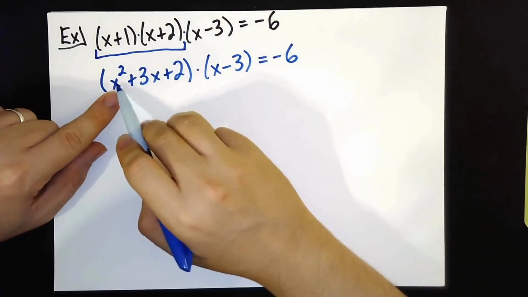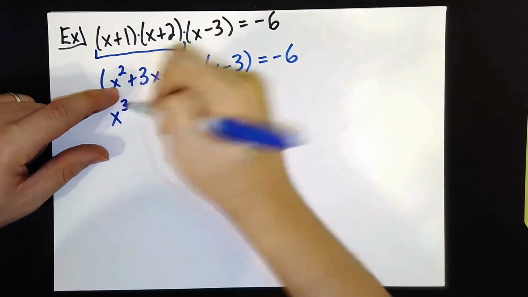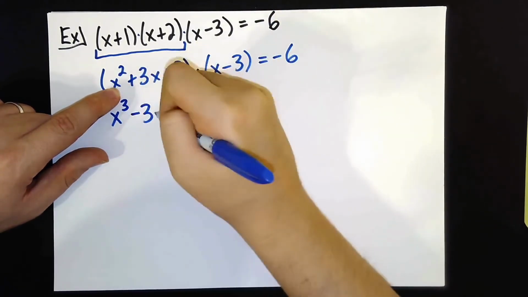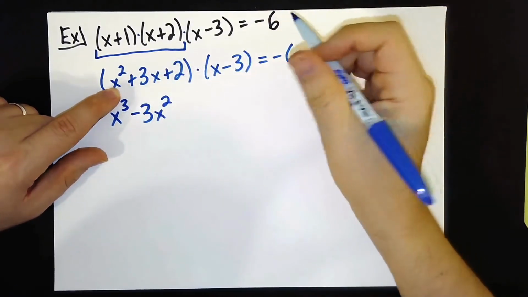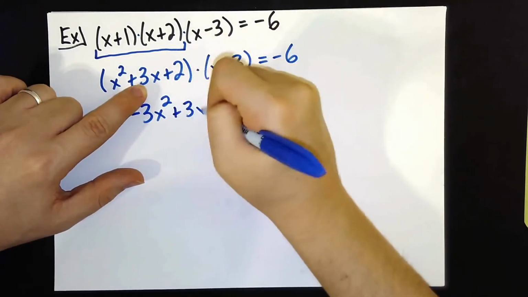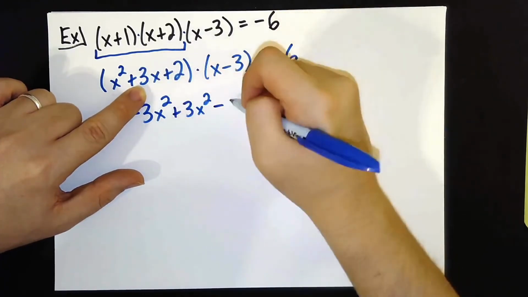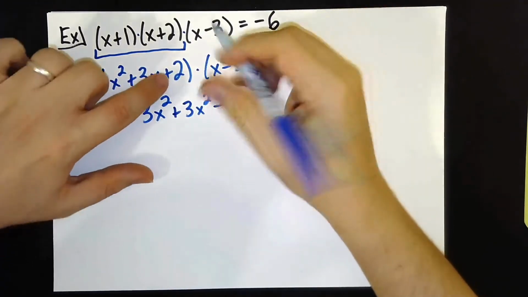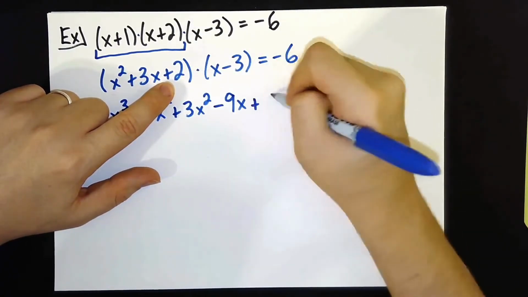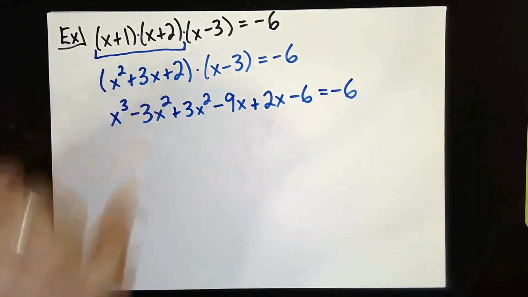So I have to multiply the x squared by each of these, which will give me x cubed minus 3x squared. Then I have to multiply the 3x by each of these. That'll be plus 3x squared minus 9x. And then I have to multiply the 2 by each of these. That'll be plus 2x minus 6 equals minus 6.